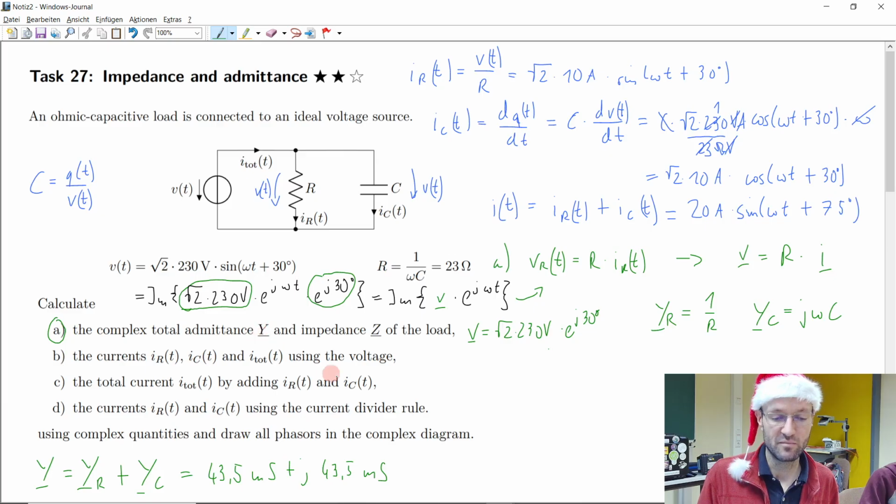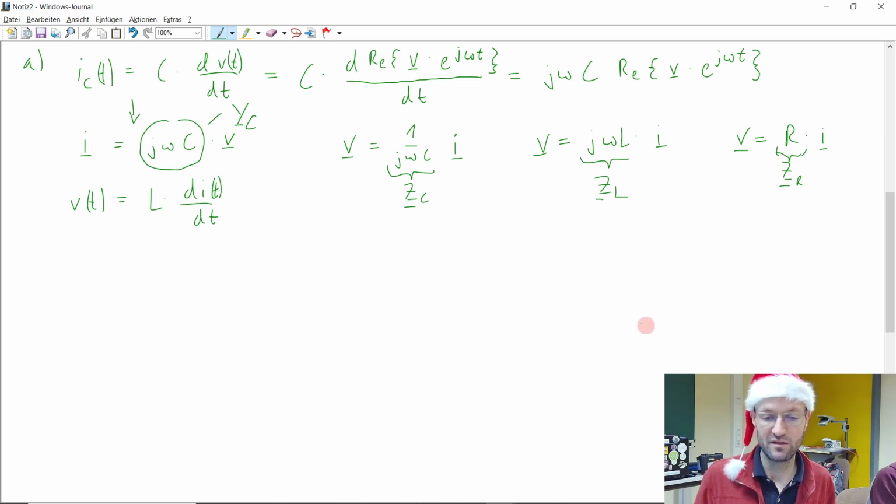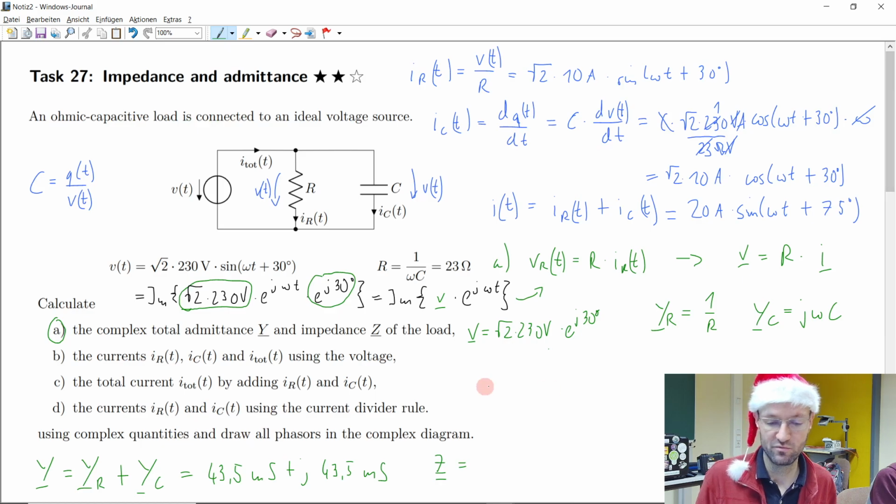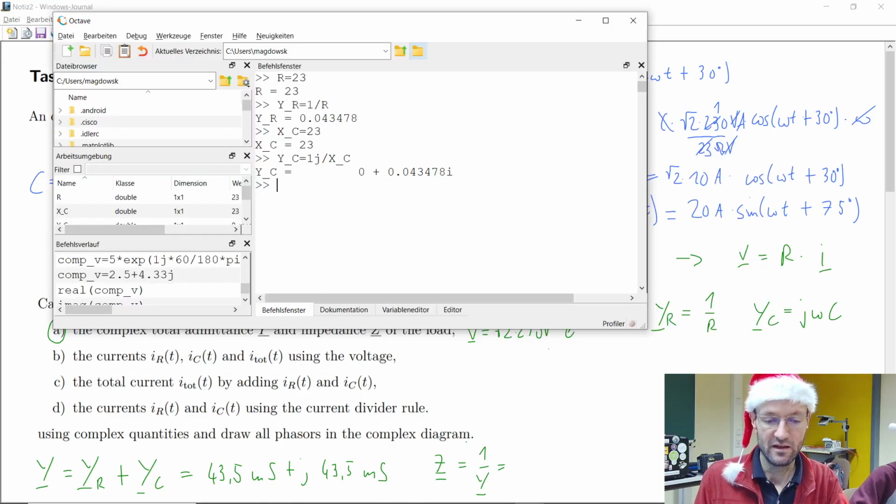Okay, this is complex admittance. How do we get complex impedance? If we look at the second page, how are admittance and impedance related to each other? The inverse, or let's say the reciprocal value. So if we take 1 over Y, we get Z. And this is super simple here.